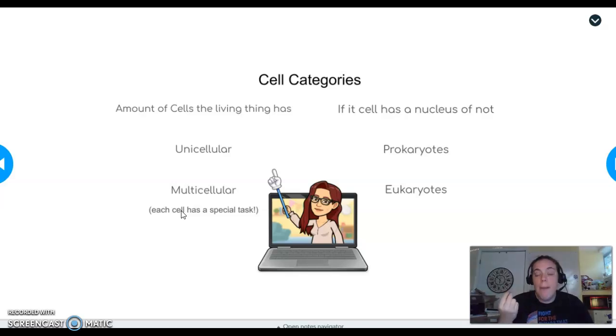What's cool about multicellular organisms is that each cell in their body has a very specific task. Our skin cells work differently than our stomach cells, which work differently than our liver cells, which work differently than our brain cells. They all have specific tasks. So specialized is our keyword there for multicellular.